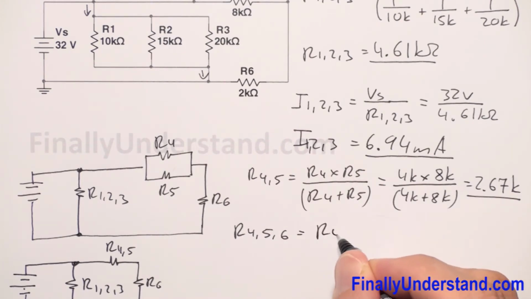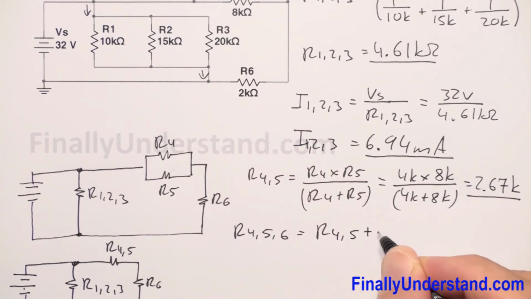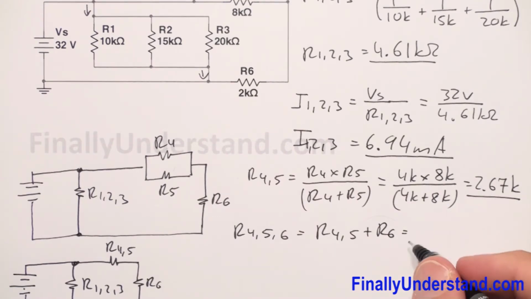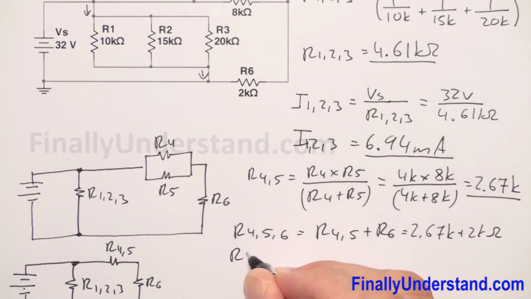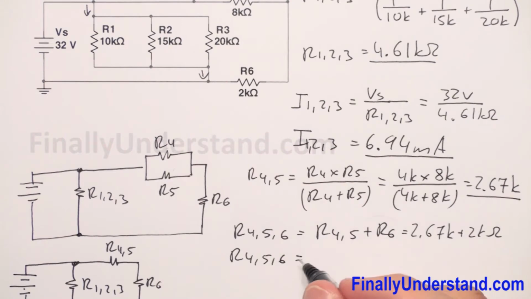So I have R4,5 plus R6. R4,5 is equal to 2.67k plus R6, which is equal to 2k. So I have R4,5,6 is equal to 4.67 kiloohms.